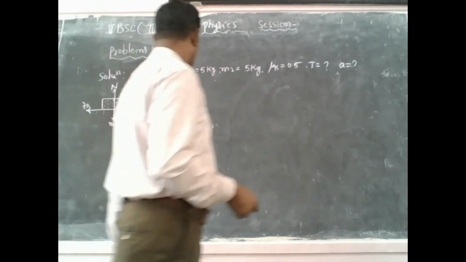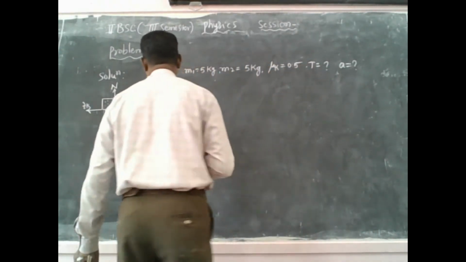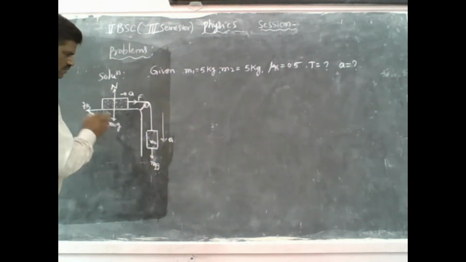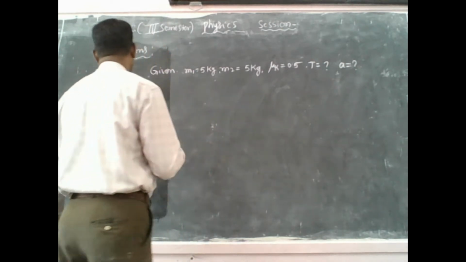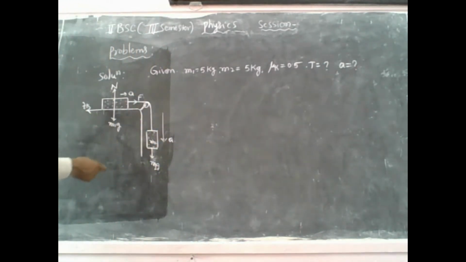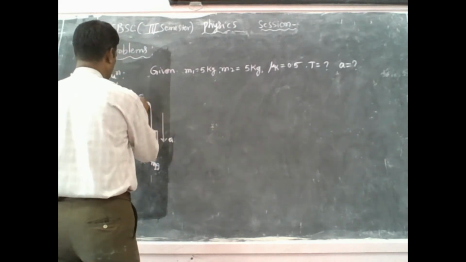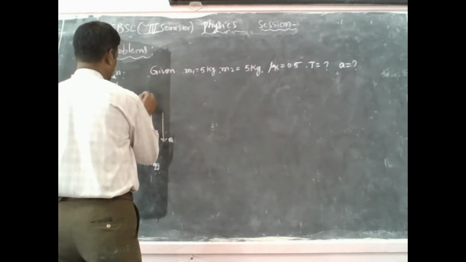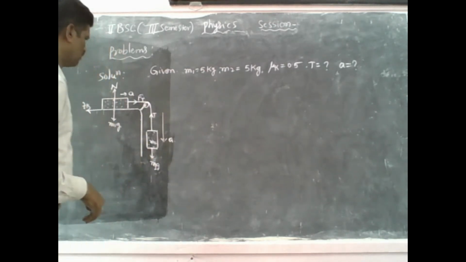So therefore, we have to construct the equation according to Newton's second law. Here there is a tension, isn't it? This is away from the body. Tension is always away from the body.